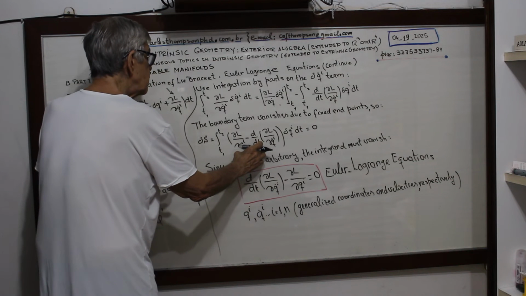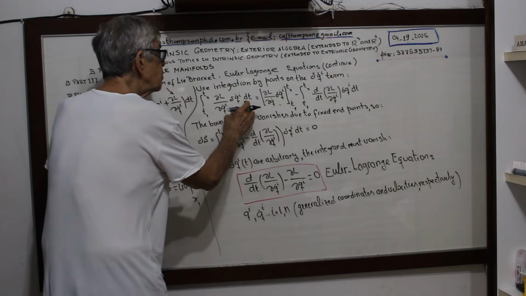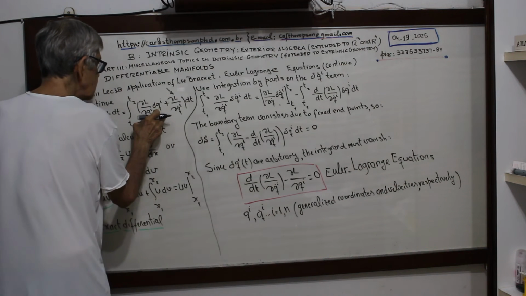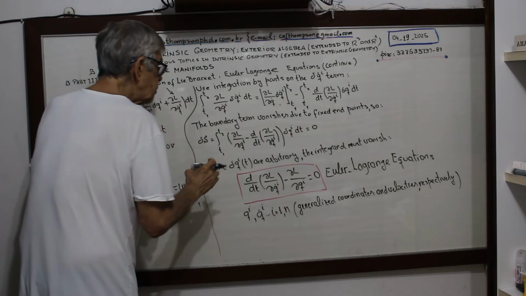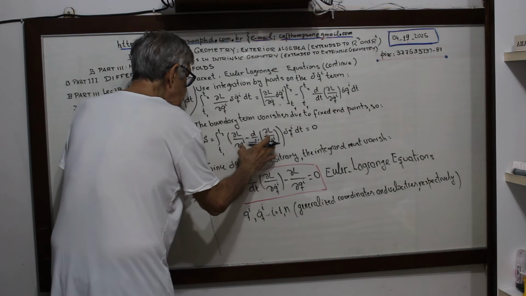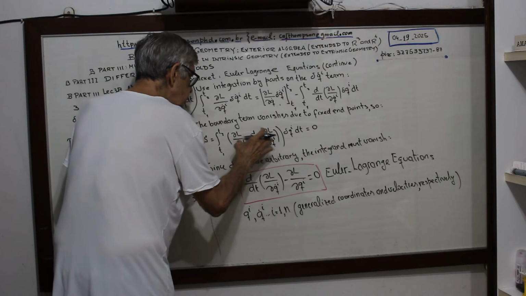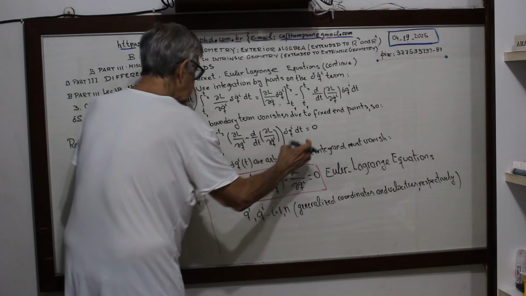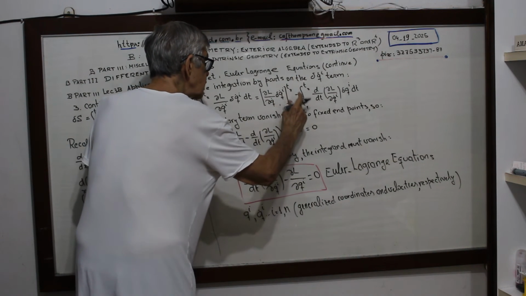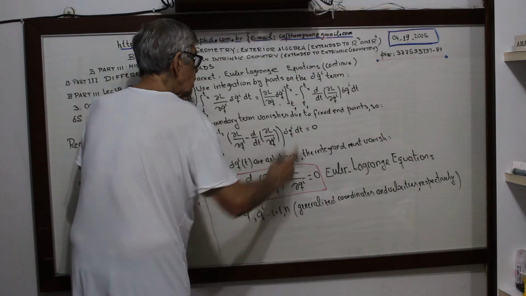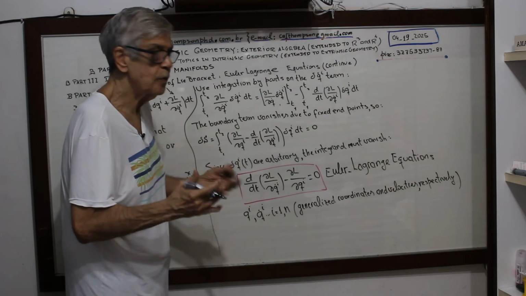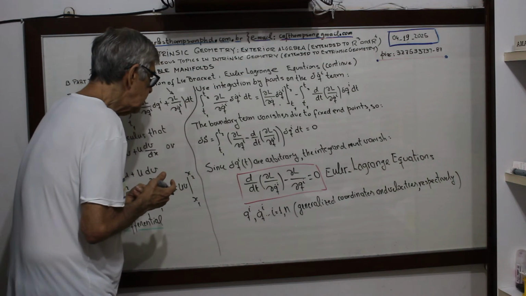If I combine this term with this term over here, now I can write this integrand, and the integral of this is equal to 0, because the endpoints are fixed, so they do not move with time.